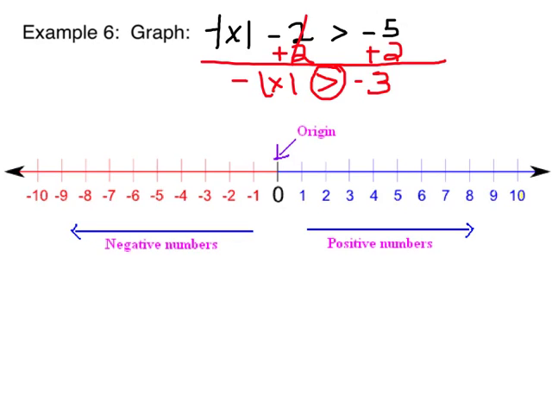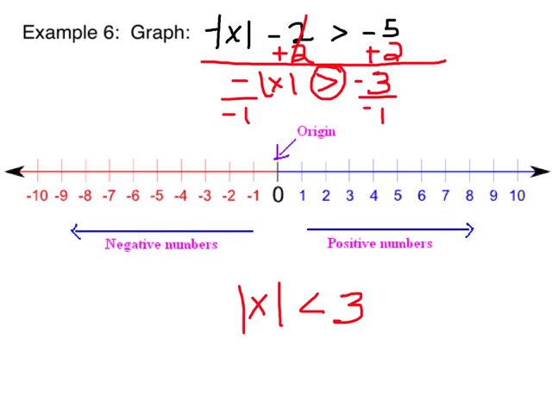So what this is actually going to be graphed as is the absolute value of x is less than 3, because we had to divide by negative 1 on both sides.